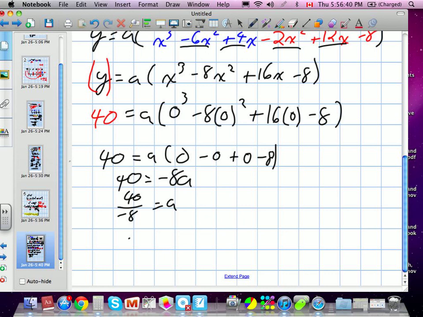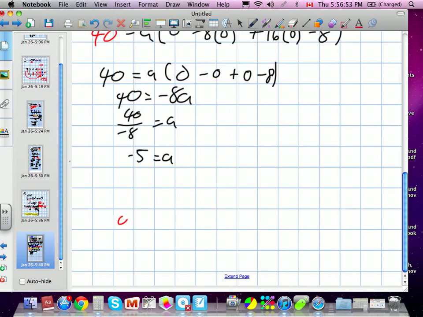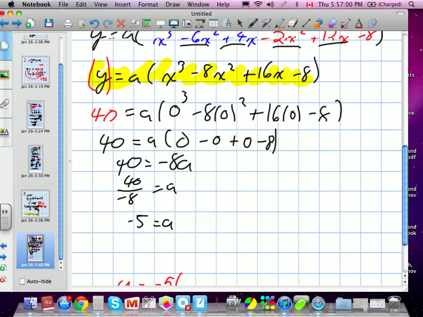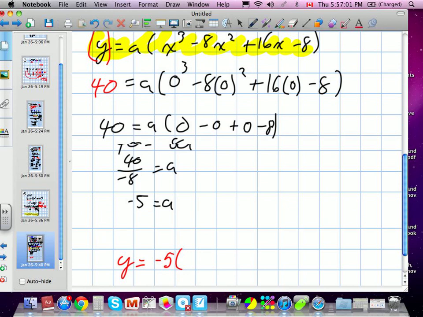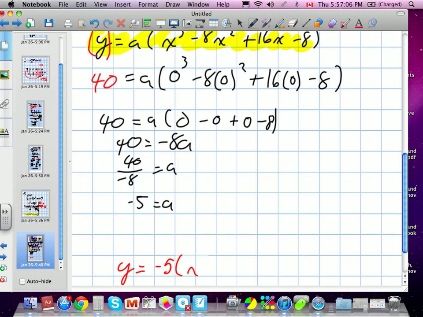So now when we plug everything back in, because this was our important part, what we had here, we plug in negative 5 for this value. So we have, we'll do it in red now for our final answer. Y equals, our a value is negative 5 times x cubed minus 8x squared plus 16x minus 8.